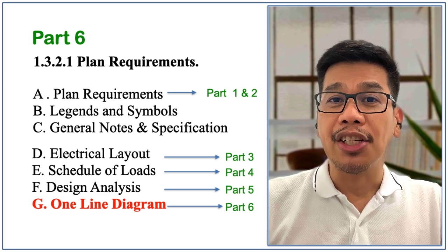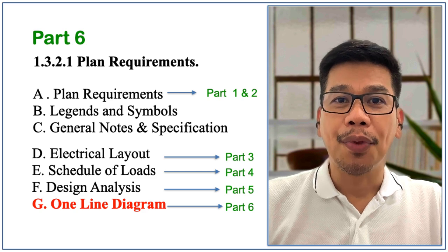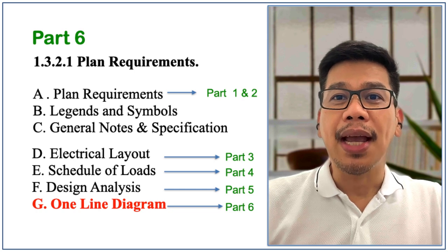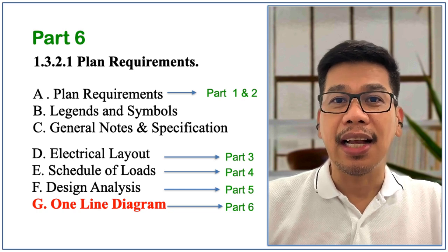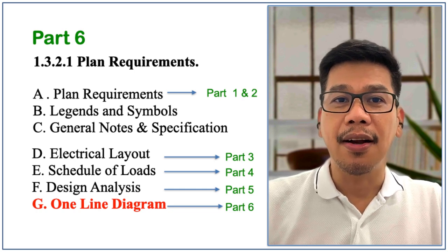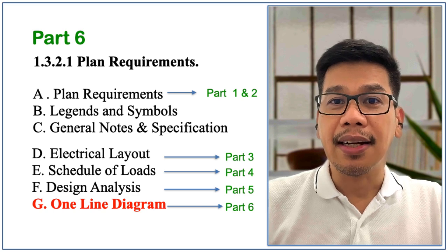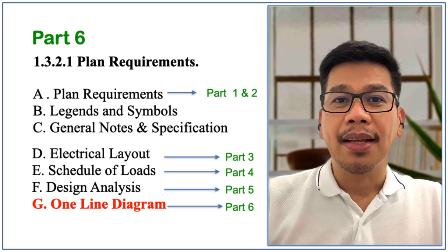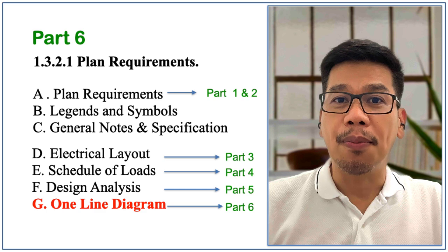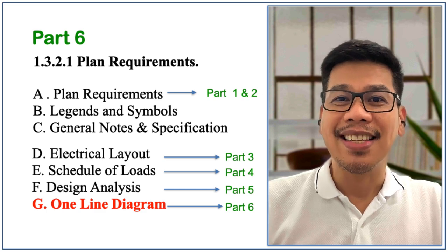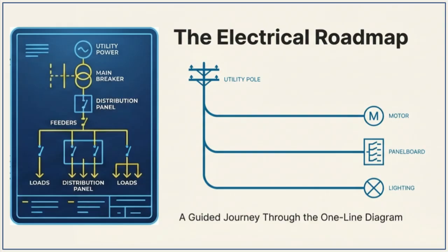Now we are in Part G, one-line diagram, which is the final integration of all those components. This means everything we identified, designed, calculated, and planned earlier must now be reflected clearly in this diagram. This is where the design becomes a complete system. Now, let's dive in. We begin with the one-line diagram itself.